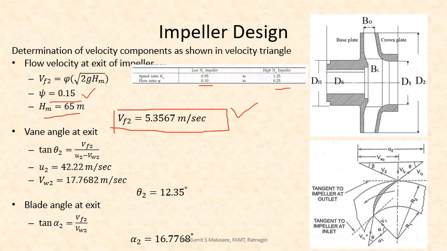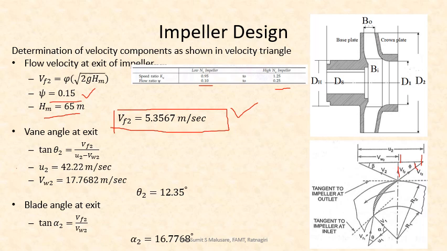Similarly, the vane angle at the exit, that is nothing but theta 2. So if you go for tan of theta 2, that is nothing but Vf2 upon (u2 minus Vw2), meaning this length, if you refer to this velocity triangle.